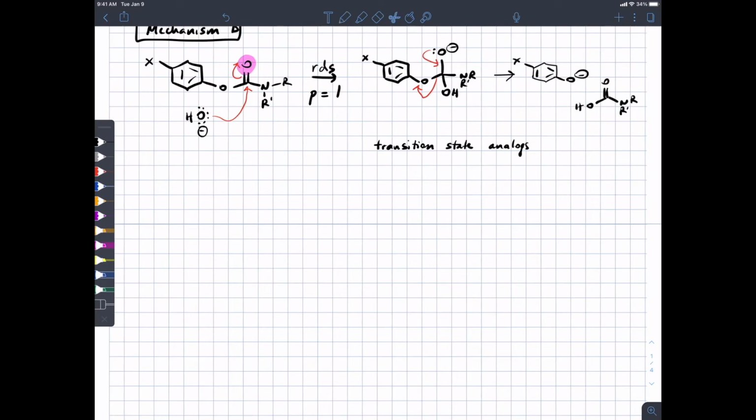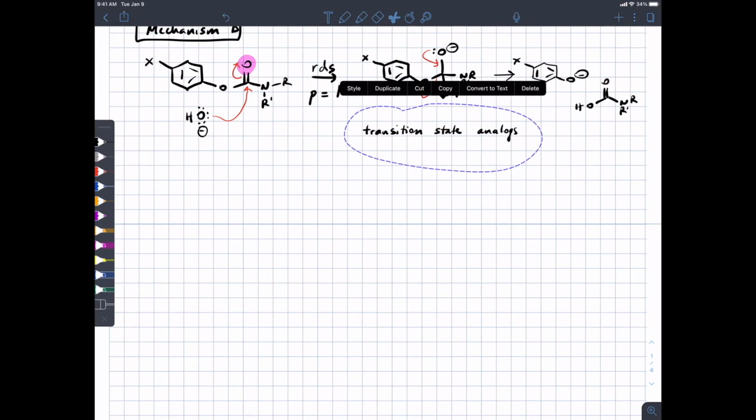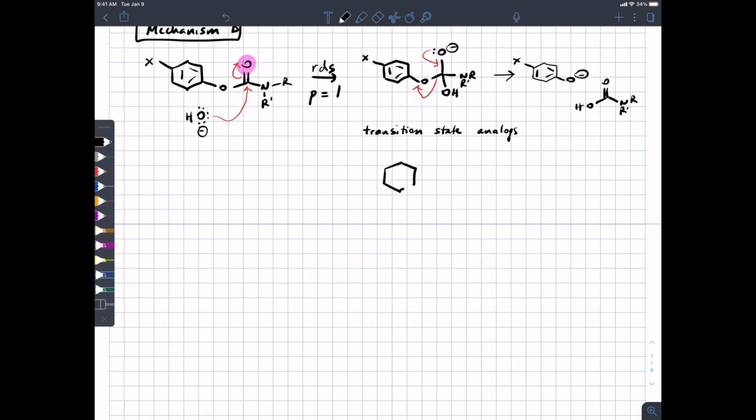So what the authors wanted to do was they said, let's build a transition state analog. Let's build something that looks like that tetrahedral intermediate. We'll put an R group here, and phosphorus here, negatively charged oxygen there, NH, and then some R group.